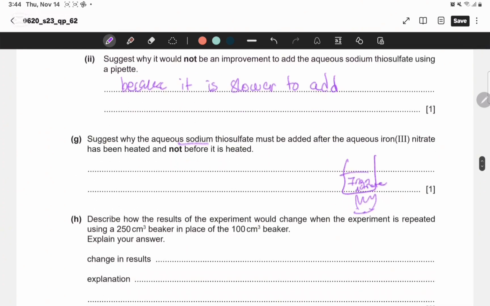They're increasing the temperature in each experiment, and then add the sodium thiosulfate. Why should I heat it first and then add the sodium? Because if I add the sodium first and then heat it, it would have already started reacting, right? But that's why we have to heat it first and then put the sodium thiosulfate.